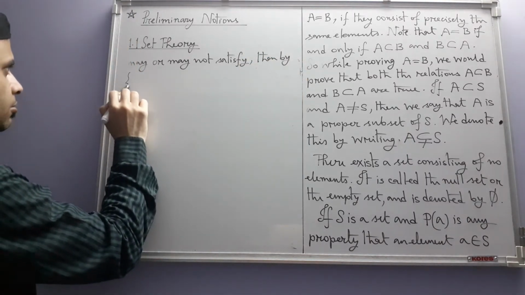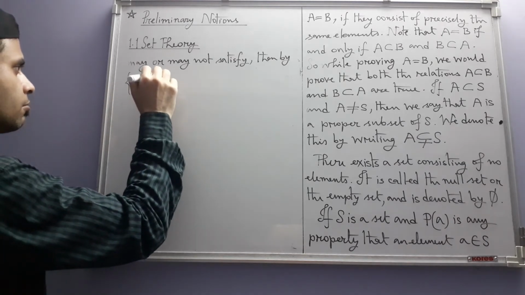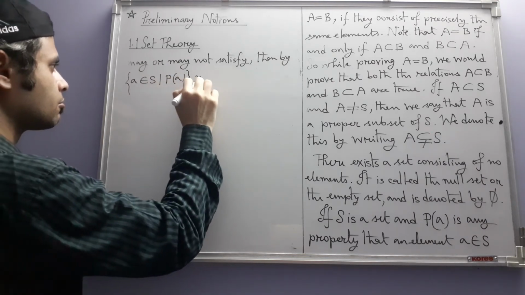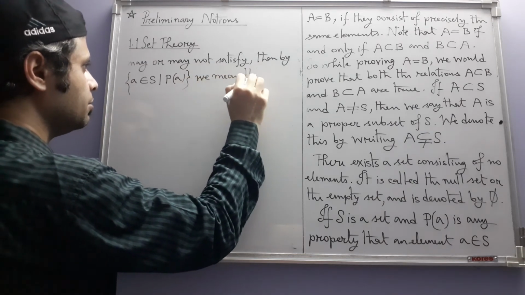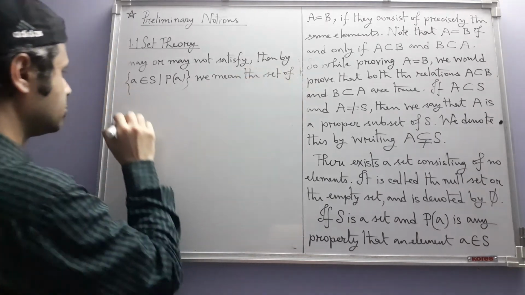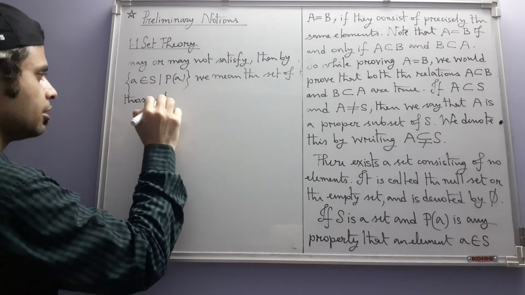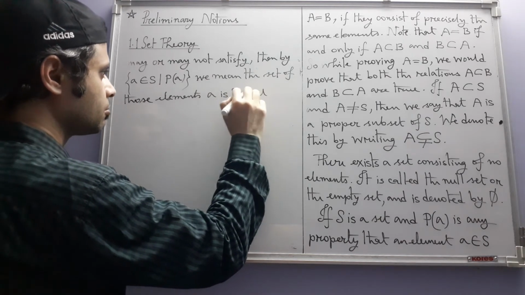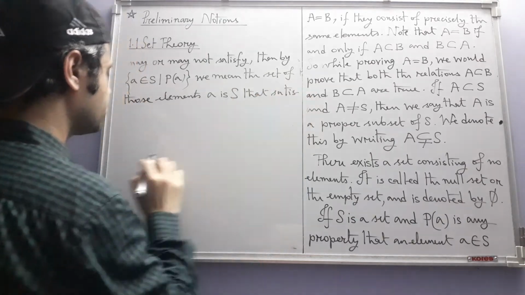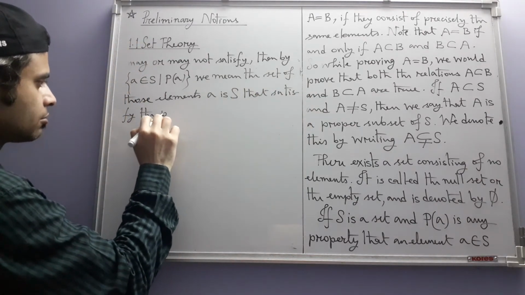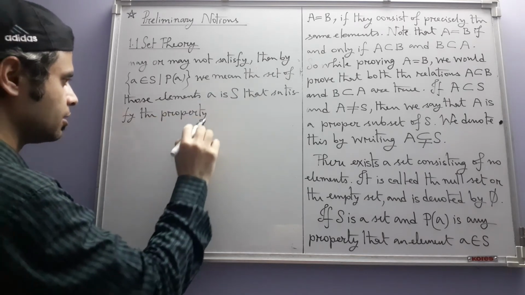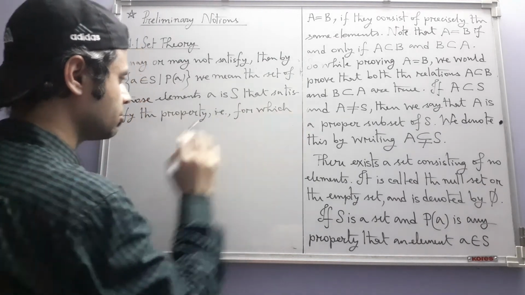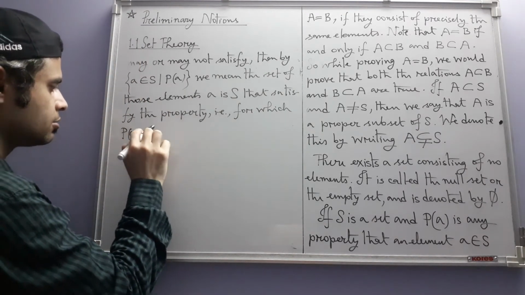Then by this notation, we mean the set of those elements a in S that satisfy the property, that is, for which P(a) is true.